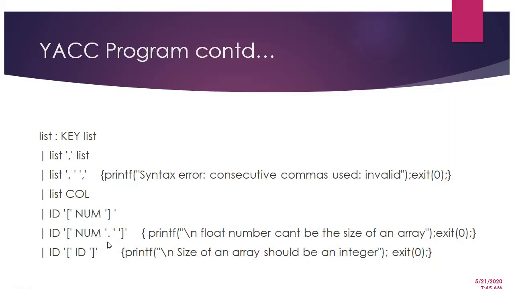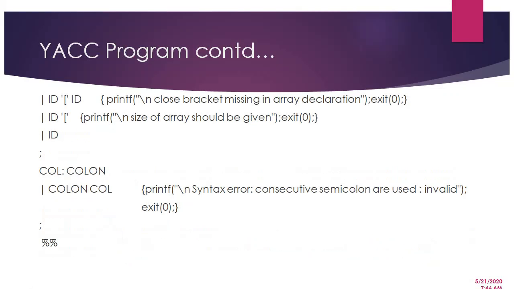If there is a float or an identifier inside the subscript, you have to print an appropriate error message: if it is a dot, floating point cannot be the size of the array; if it is an identifier within the subscript, print that size of the array should be integer.